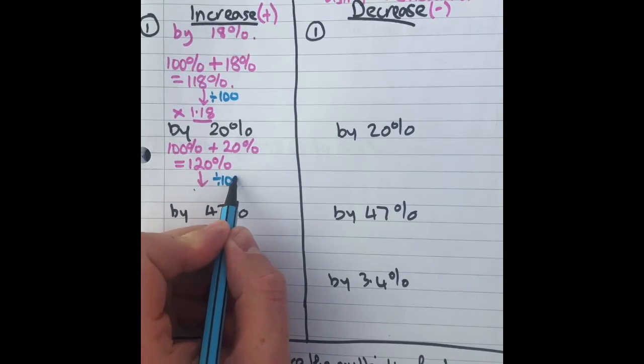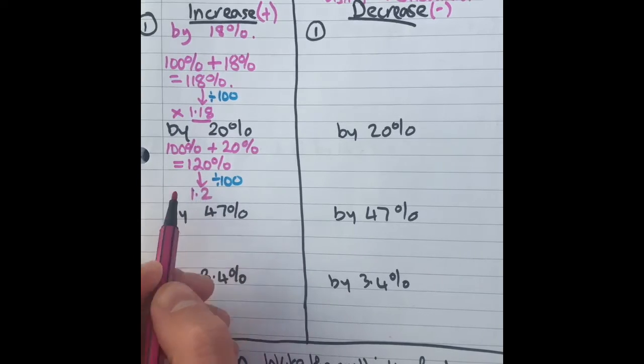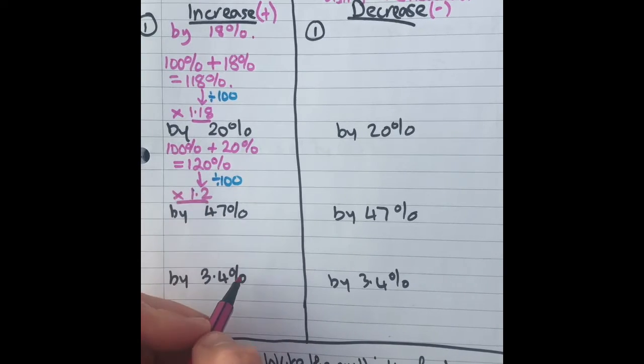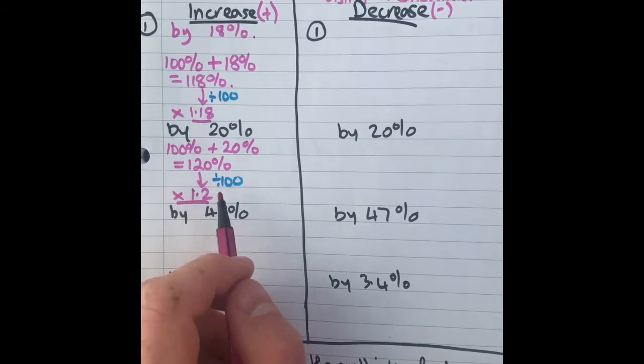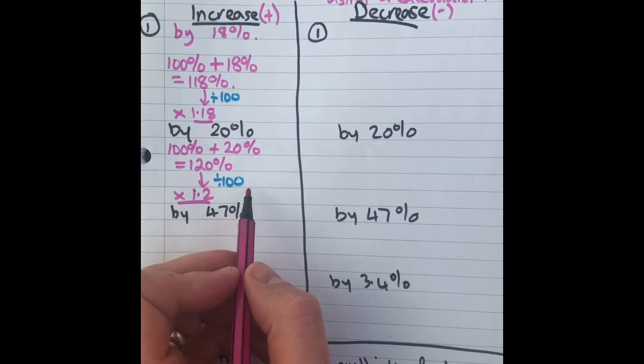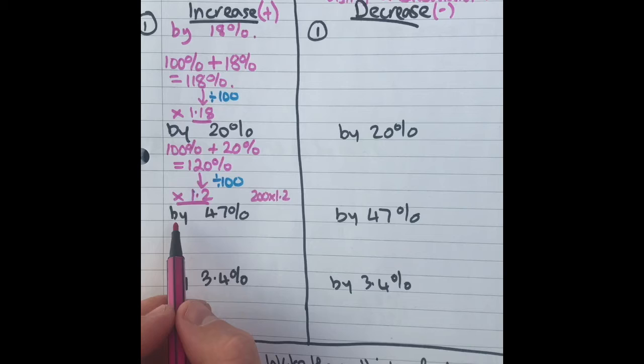Divide by 100, and that gives me 1.2. So times by 1.2. That's the multiplier for a 20% increase. So let's say I want to increase £200 by 20%. I could just do 200 times 1.2, and that'd give me the answer.